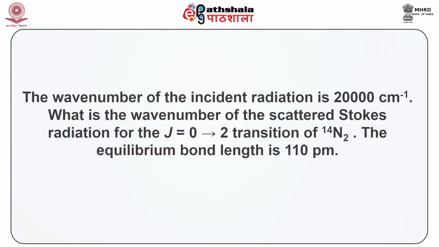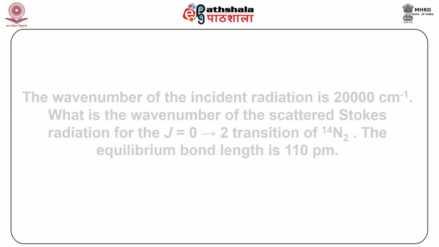The wave number of the incident radiation is 20,000 centimeter inverse. What is the wave number of the scattered Stokes radiation for the j = 0 to 2 transition in nitrogen? The equilibrium bond length is given as 110 picometer.